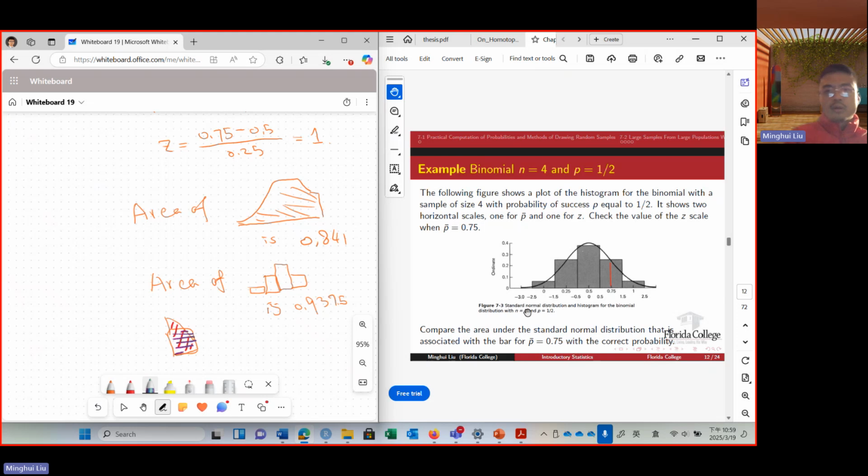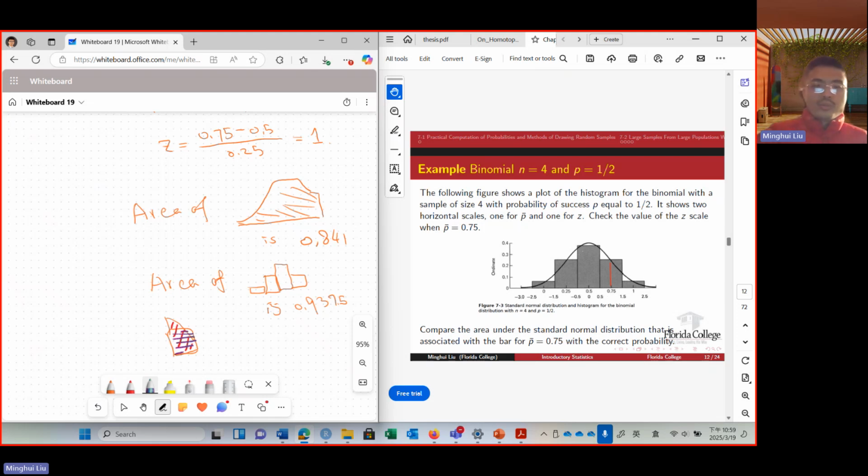Again, we use similar R code. If you want the z value for the left boundary, you do the calculation and get 0.5, and the right boundary is 1.5. You need to take the average between 0.5 and 0.75, which is 0.625.